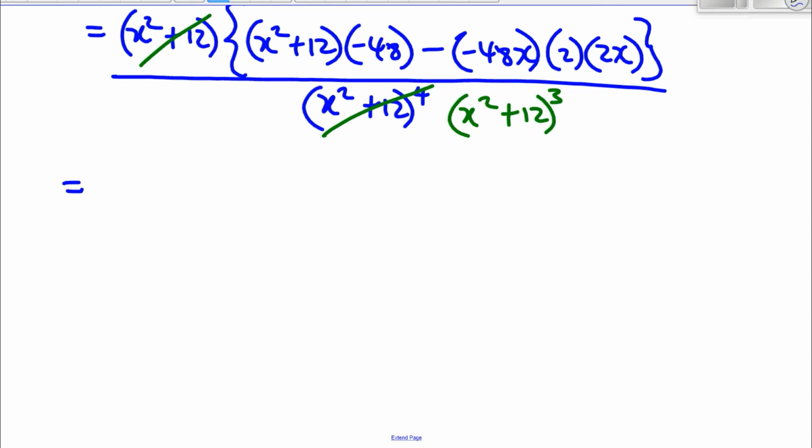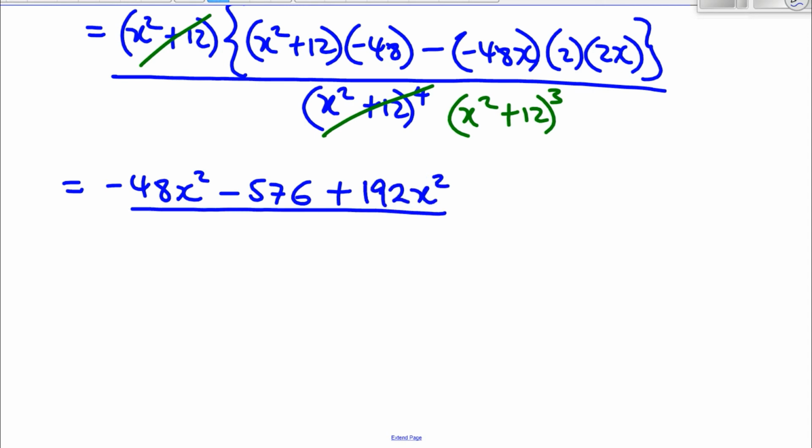So that will be negative 48 x squared minus 576, which is 12 multiplied by 48, plus multiply all those, 192 x squared over x squared plus 12 cubed.